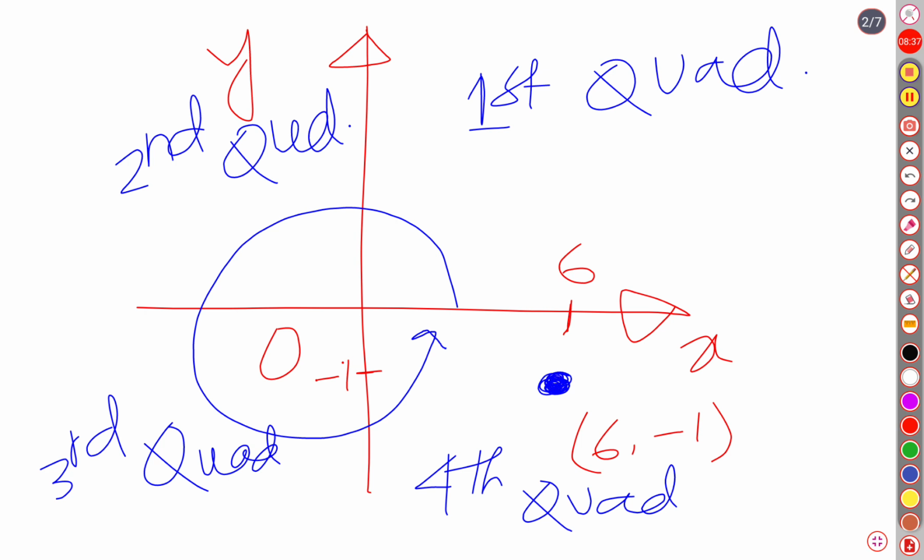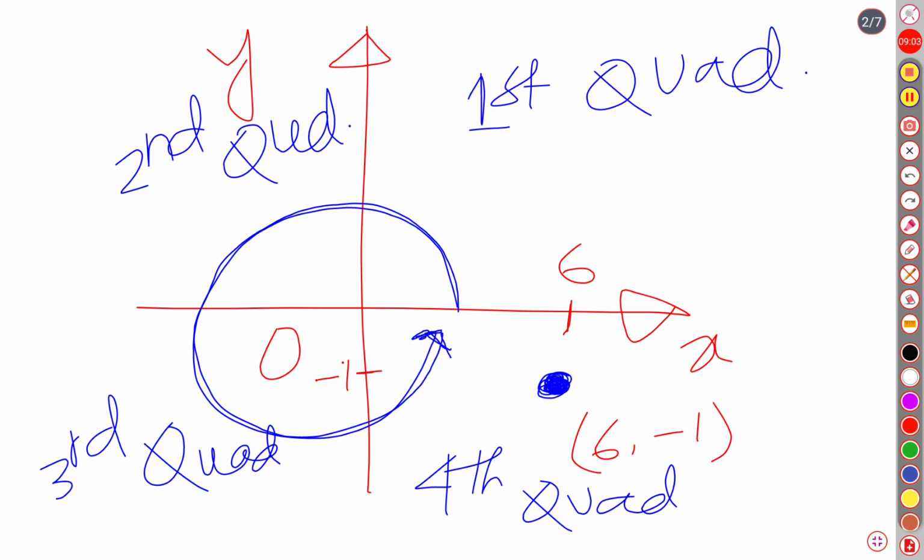What have we learned from this solution? We have learned that you will move in anti-clockwise direction. Remember, anti-clockwise direction, this way. And this is the first quadrant. First quadrant starts from here. So if we move anti-clockwise, then we find that our required point falls in the fourth quadrant.